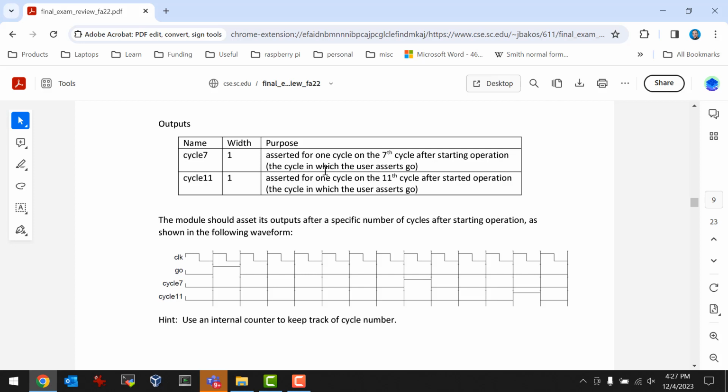So set default for cycle 7 and cycle 11 to 0. If I get a go input, I'll start it running. If I'm running, I increment the counter. If I hit cycle 7, I'll assert that. If I hit cycle 11, I'll assert that.